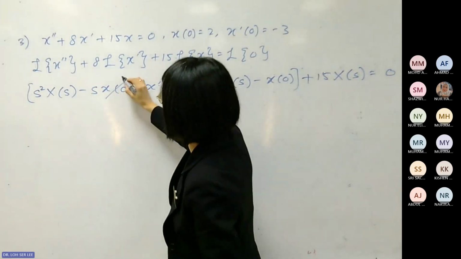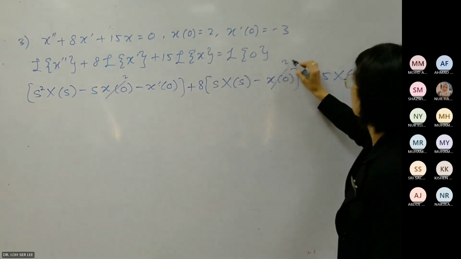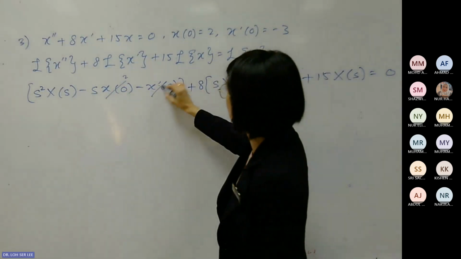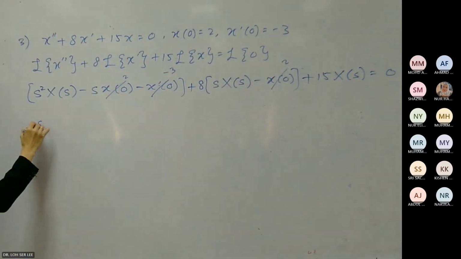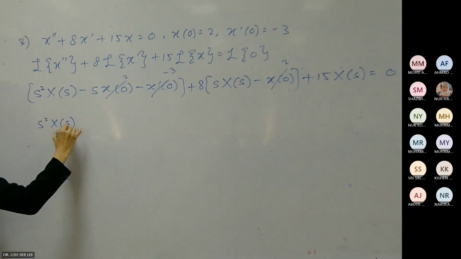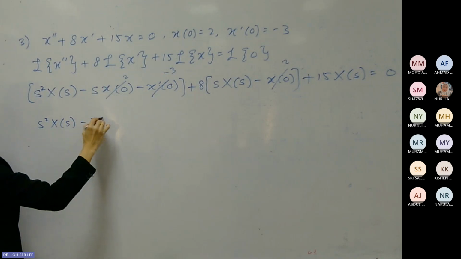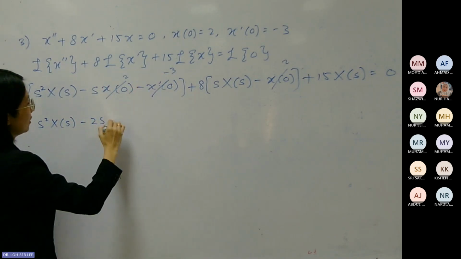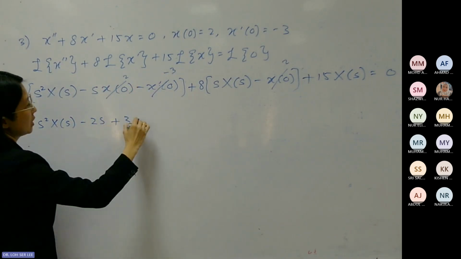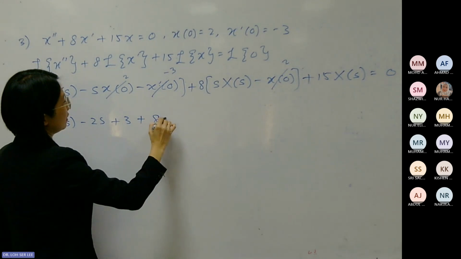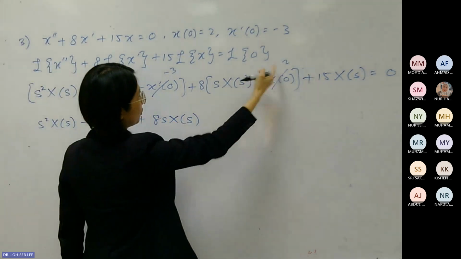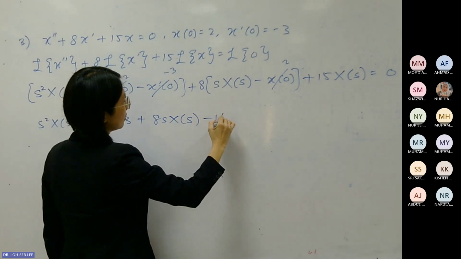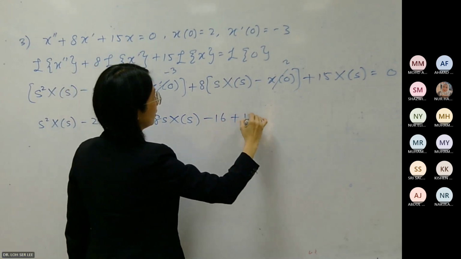X 0 is 2. X prime 0 is negative 3. Okay, minus 2s plus 3 plus 8 s X in s minus 2 times 8, which is minus 16.